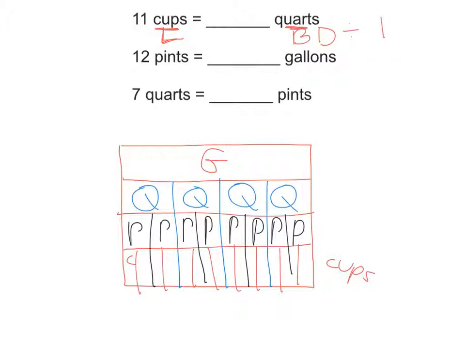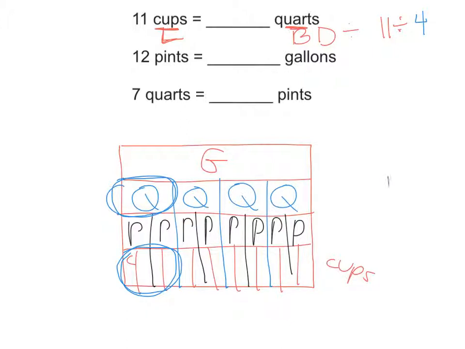So I know this is going to be 11 divided by something. So now I want to look at the relationship between cups and quarts. So when I have a quart, I need 4 cups. So the relationship is 4. So if I have 11 cups, I need to divide it into groups of 4.